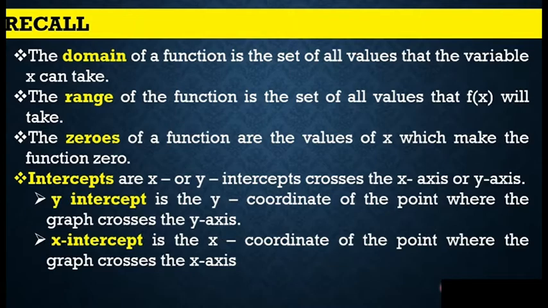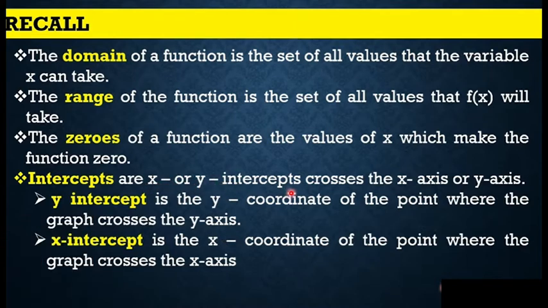Then the range of the function is the set of all values that the function will take, so that would be the range or the y values. The zeros of a function are the values of x which make the function 0.